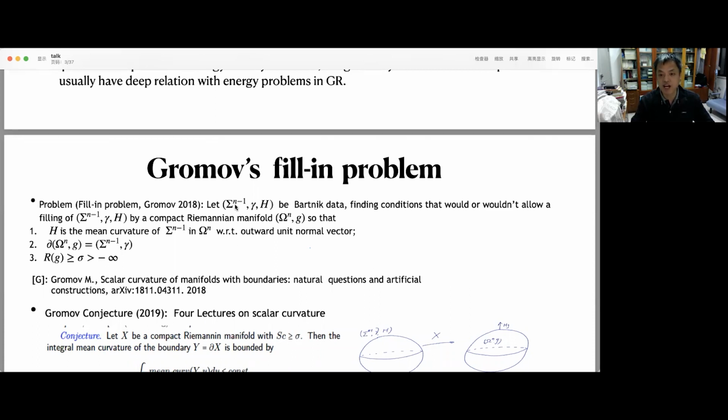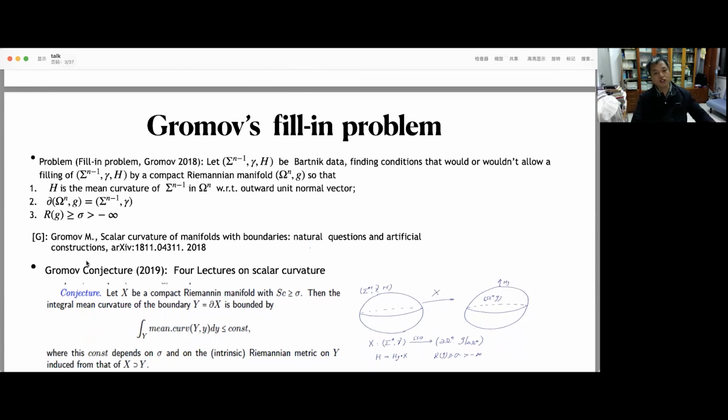Now, the problem is to find a condition under which this triple would or wouldn't admit a fill-in by a Riemannian manifold (Omega, g), so that H is the mean curvature of the boundary in Omega. Here, mean curvature is always with respect to the outward normal vector. The second condition is that gamma is the induced metric of g. And the third one is that the scalar curvature has a given lower bound.